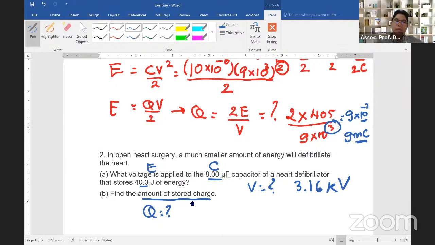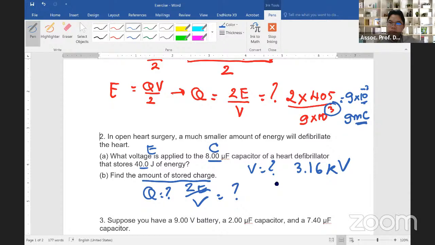Because you have V already. The unit will be coulomb.